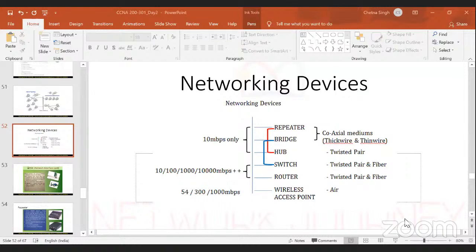be forwarding your call. In a similar manner, when I'm talking about computer communication, I am laying down cables and I want to communicate from device A to a device B, which may be located far away from my building. So through the cables and the devices, the communication happens.